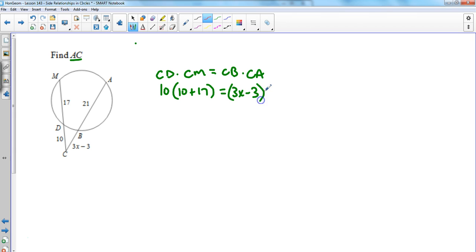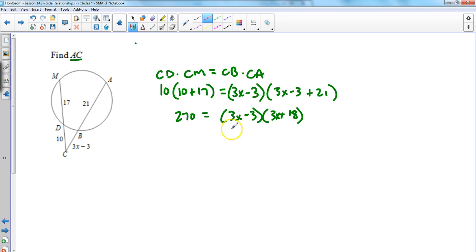And again, make sure that you use parentheses. It's going to be that quantity times the total quantity. So 3x minus 3 plus 21. Okay, go through and simplify here. We've got 27 times 10 is 270. That's equal to, this is going to simplify to 3x minus 3, 3x plus 18.